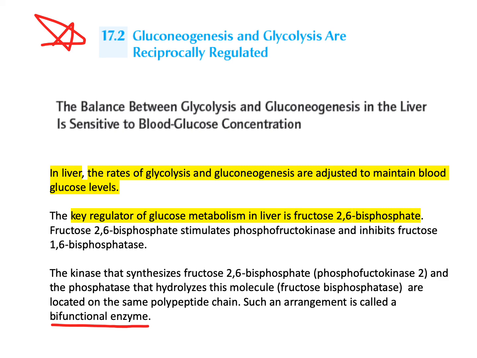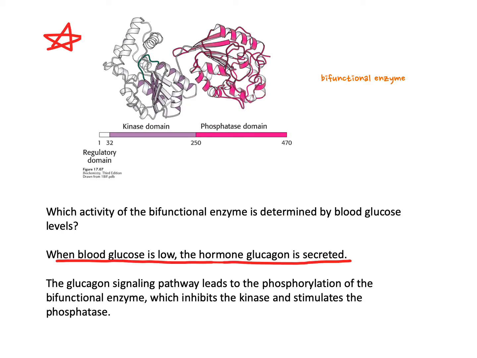The balance between these is the domain structure of the bifunctional enzyme. One side is a kinase domain, one side is a phosphatase domain. One side adds a phosphate, one side removes a phosphate. And which side is more active depends on the blood glucose level.